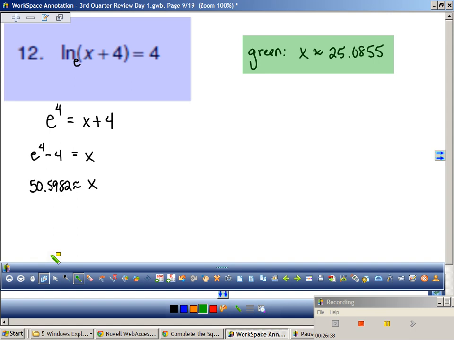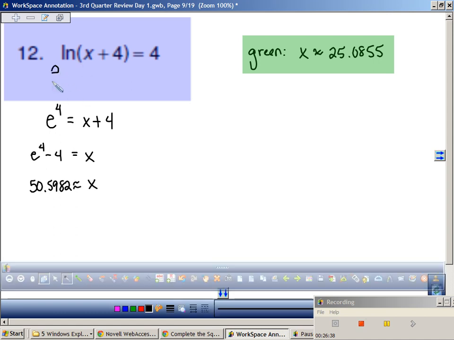Do you guys realize there's another way to do this? You could put e to the this and e to the that. Right? Don't I get the same thing? X plus 4 equals e to the 4th. Don't you get the same thing when you do that? Okay.